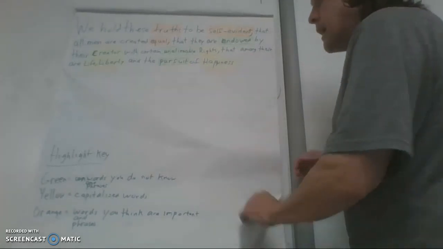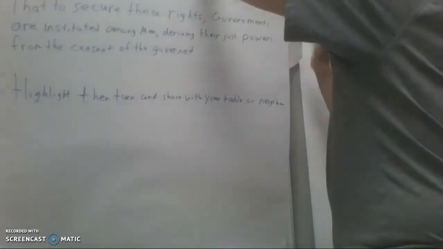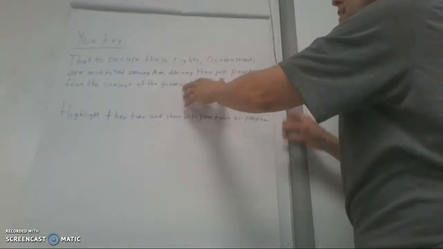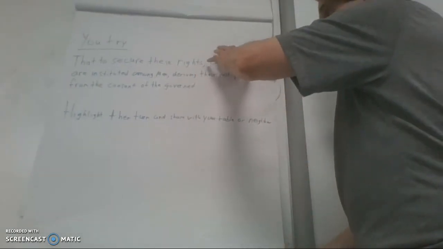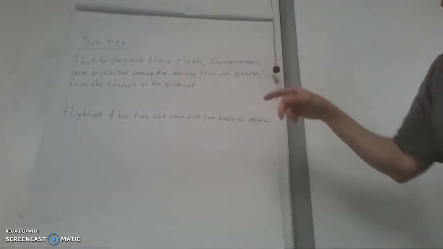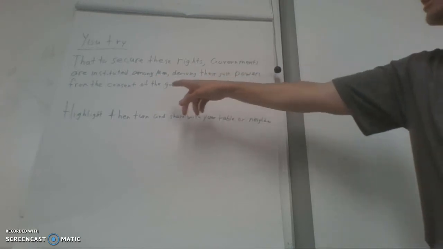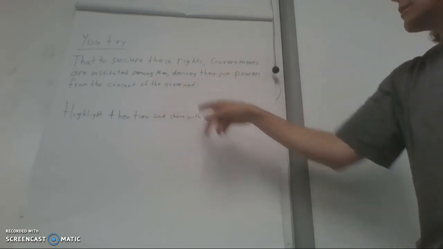All right, I'm going to move on now. I want you to chunk the second sentence, and that is: "That to secure these rights, governments are instituted among men, deriving their just powers from the consent of the governed."